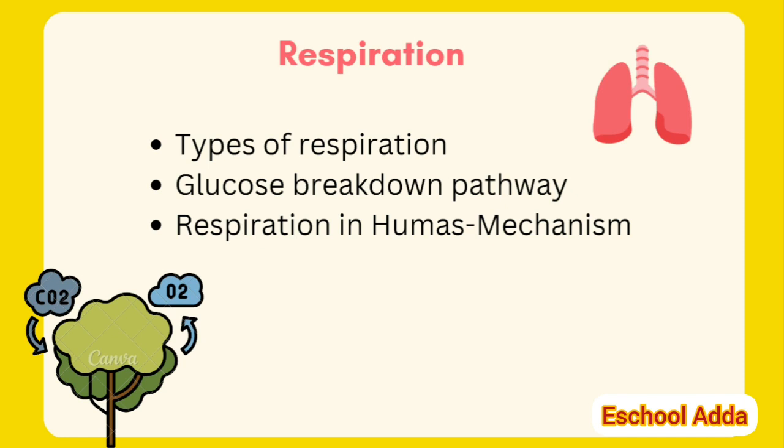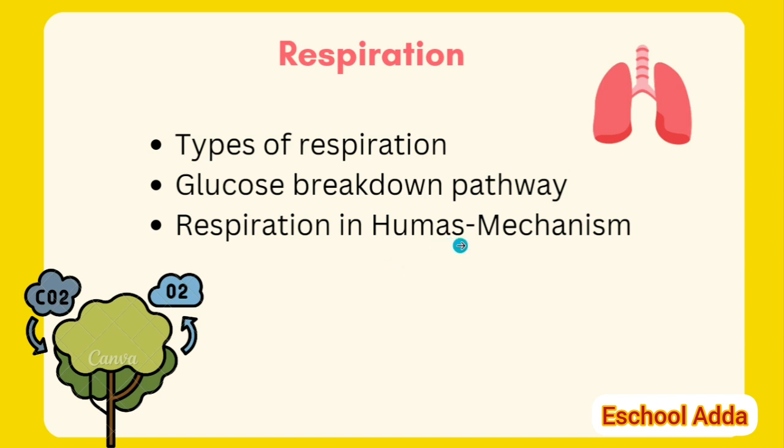Under cellular respiration, there is breathing and cellular respiration. And in types of respiration, it is aerobic and anaerobic respiration. Next, the glucose breakdown pathway, that is how glucose is broken down in the absence and in the presence of oxygen. We'll study that in particular, with the help of a flow chart.